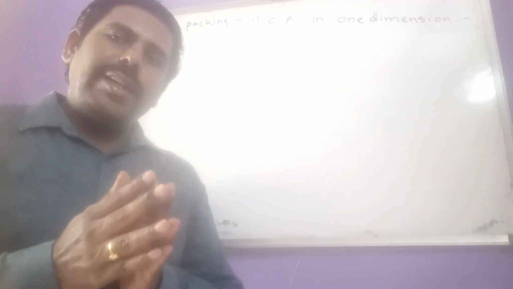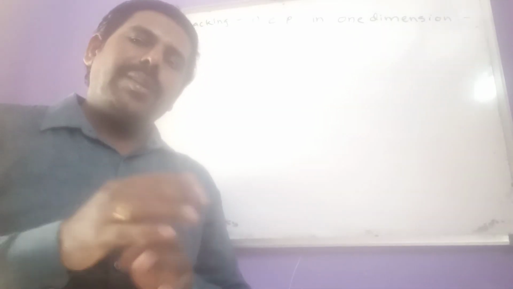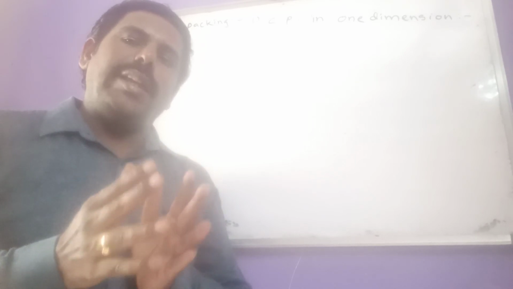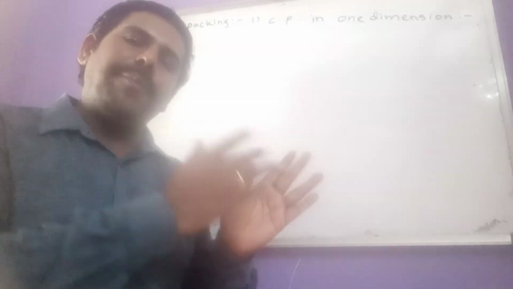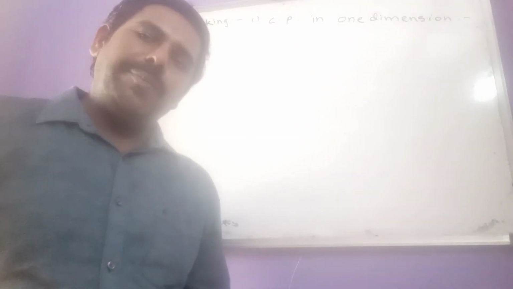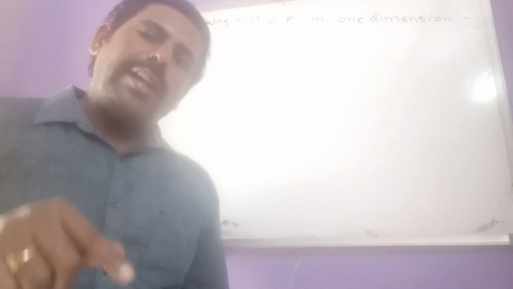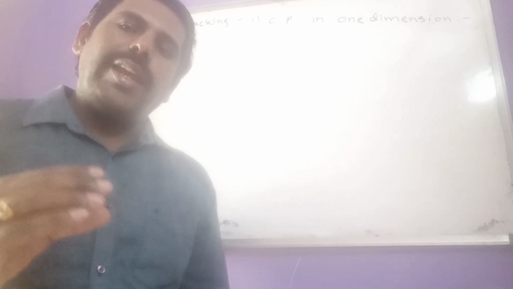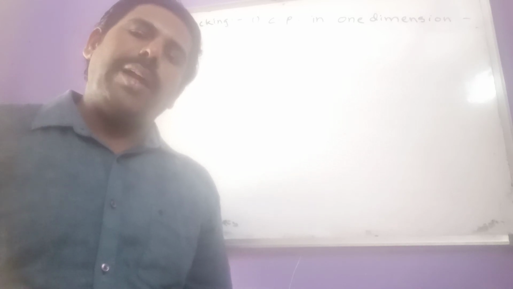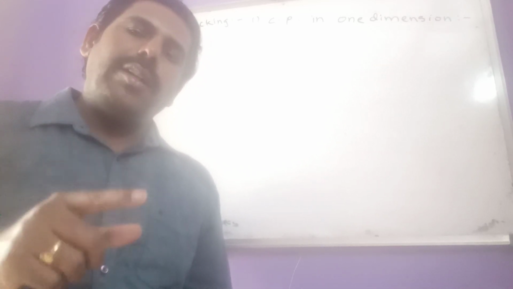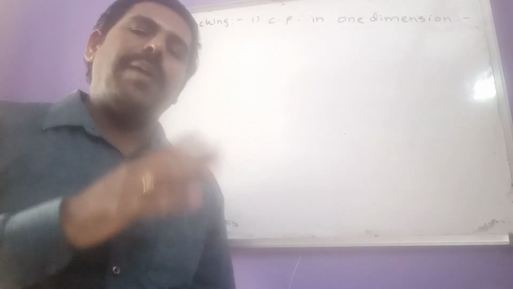If the third layer is placed by covering the tetrahedral voids, it exactly resembles the first layer. So that type of arrangement is known as ABAB type of arrangement. So remember this point here. If the third layer is placed by covering tetrahedral voids, that leads to the ABAB type of arrangement, and that gives hexagonal close packing in 3-dimensional, and the coordination number is 12 for 3-dimensional hexagonal close packing.